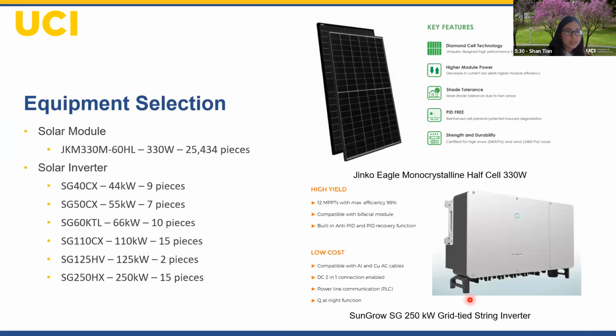For the solar system design, we chose a Jinko 330 watt monocrystalline solar panel with high efficiency and advanced half-cut cell technology to better perform under shading conditions, especially in urban areas. We also chose a SunGrow string inverter with capacity ranging from 44 kilowatt to 250 kilowatt.